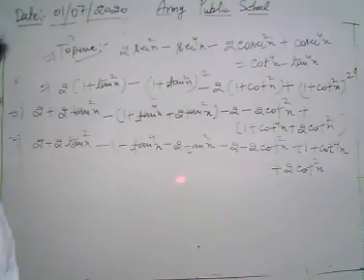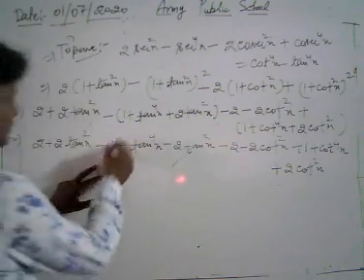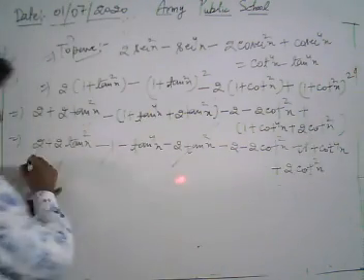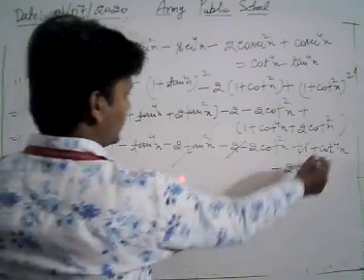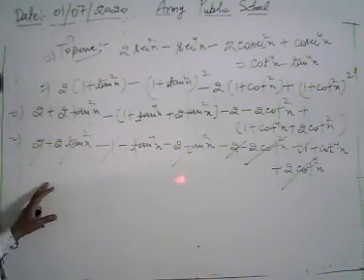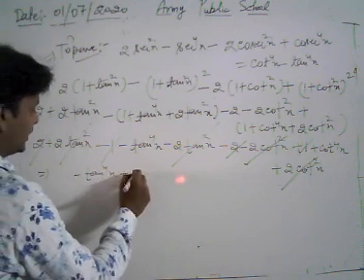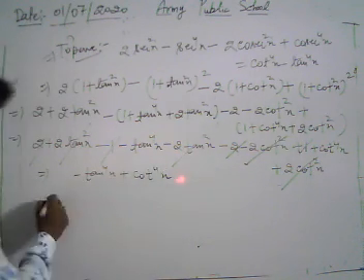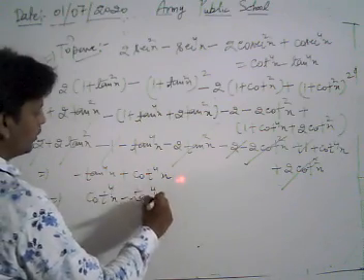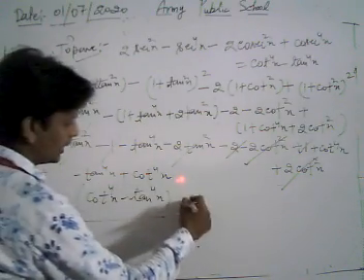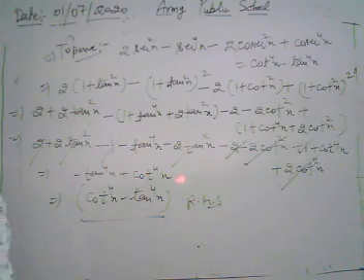Now let's see, plus 2 tan square x and minus 2 tan square x cancel out, minus 1 plus 1 cancel out, plus 2 minus 2 cancel out, minus 2 cot square x plus 2 cot square x cancel out. What are we left with? Minus tan to the power 4x plus cot to the power 4x, that is cot to the power 4x minus tan to the power 4x, which is our RHS. Okay, thank you.